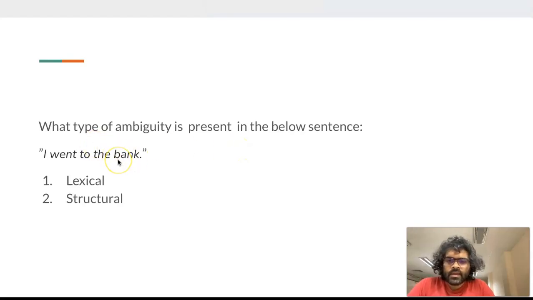It can be a river bank or a financial institution like SBI or ICICI. So this is a lexicon, and it can have multiple meanings. That's why this is a lexical ambiguity. I went to the bank could mean I am going to a river bank or going to the actual financial bank. So this is a lexical ambiguity.